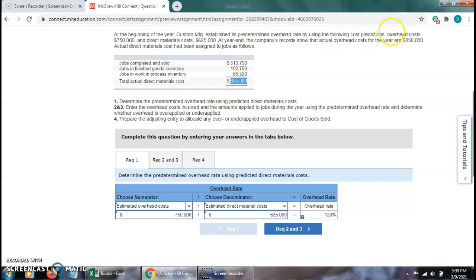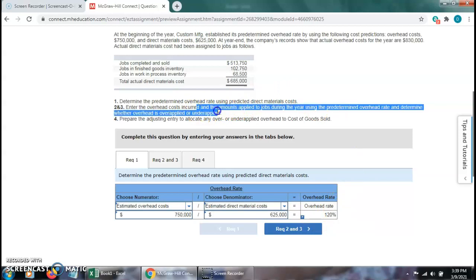Again, if we apply overhead based upon our direct materials cost, that's our base. So estimated overhead divided by estimated allocation base gives us our overhead rate. Determine the overhead costs incurred and the amounts applied to jobs using the predetermined overhead rate.